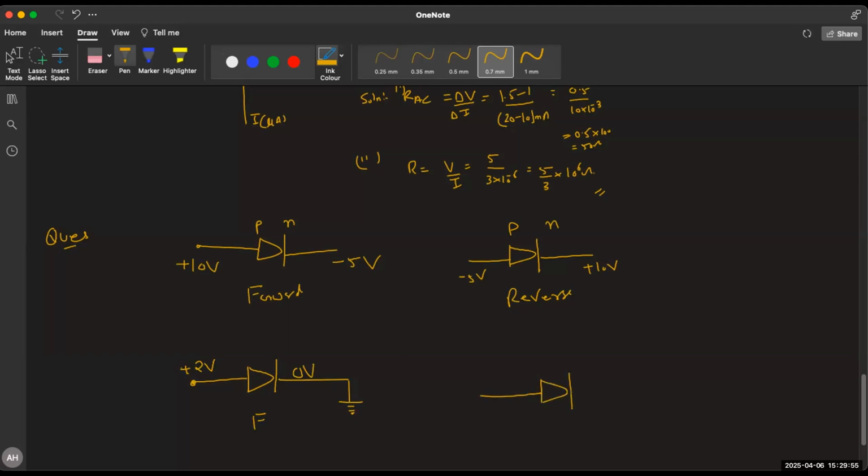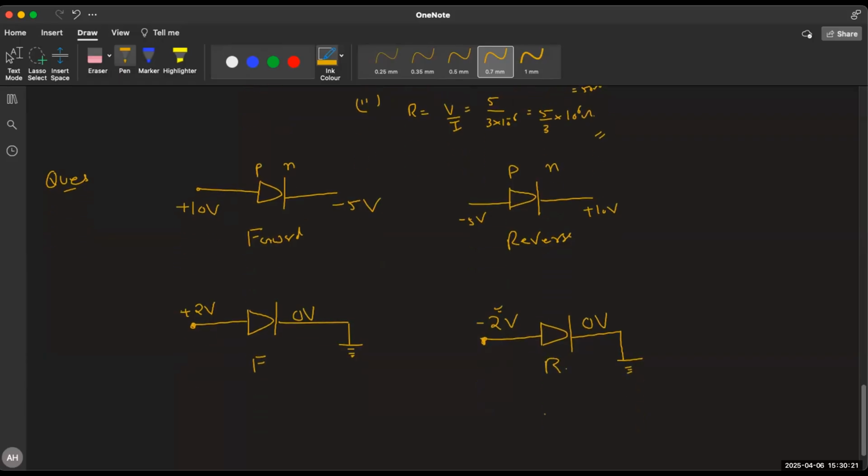Similarly here, P is minus 2 volt and N is earthed, earthing means 0 volt. So now P is at lower potential, since minus 2 is less than 0, and N at higher potential. So this is reverse bias. This is another type of question that you can get on diode.